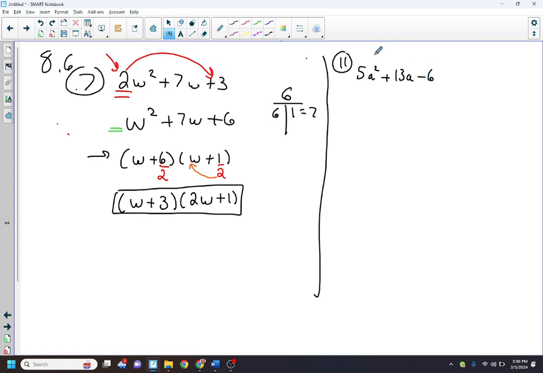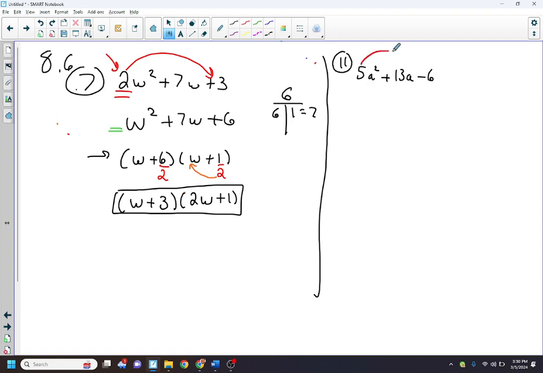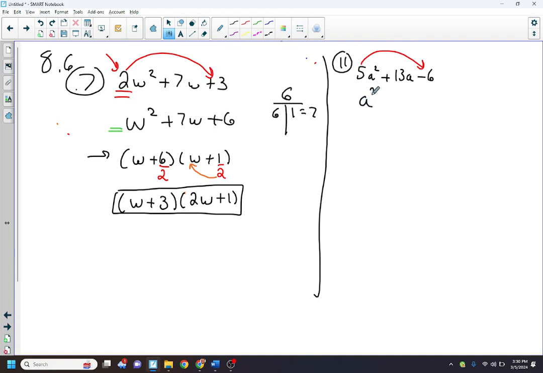So remember, we can't deal with it if there's a number in front. So we're going to take the 5 and lend it over to the 6 again. We'll pay it back later. Number 11, it is a negative 6. So now it's a squared plus 13a minus 30.